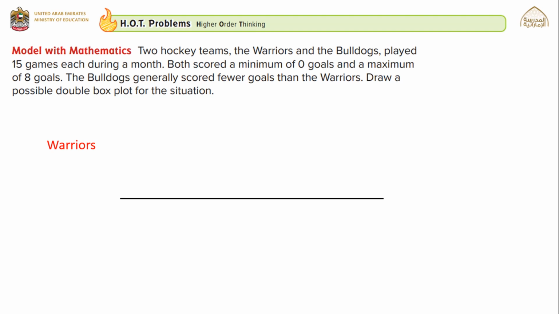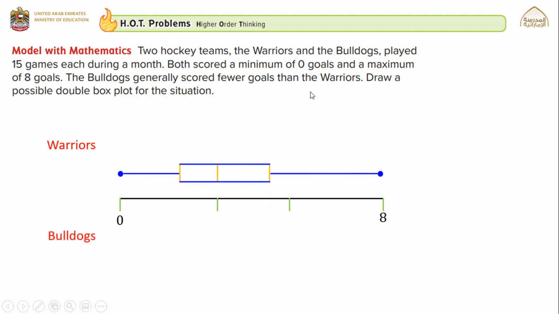Now for the Warriors, the minimum is 0 and the maximum is 8. For both we will start graphing. The minimum is 0 and the maximum is 8. However, the Bulldogs generally score fewer goals than the Warriors, so the graph will be like this for both.